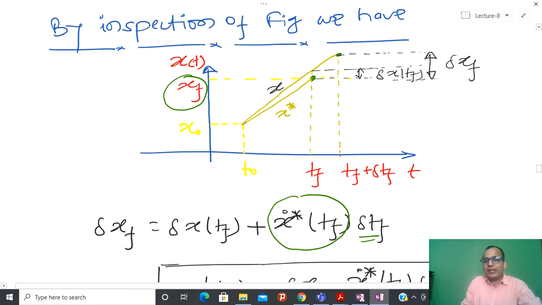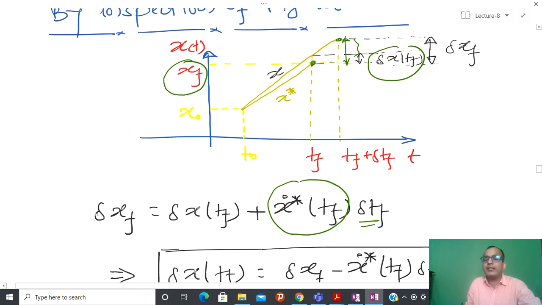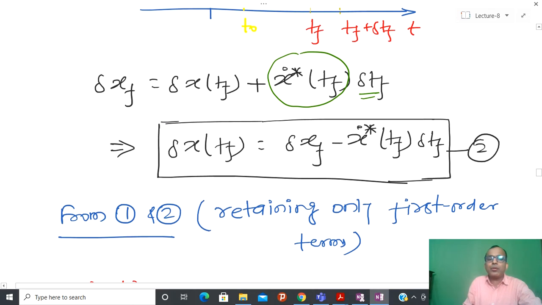I think this step is not difficult to understand, because now I have to calculate the distance from here to here. I know the distance from here to here is delta xtf, and in order to calculate the distance from here to here, we have used the idea of differential, and delta tf is the variation in time, and from here it is possible to calculate the value of delta xtf.